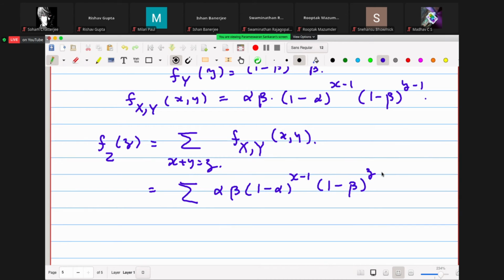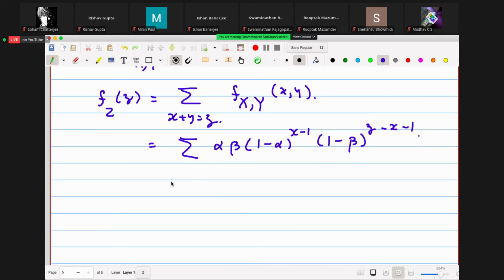So let me write that as z minus x minus 1. Here I can just sum from x equal to 1 to z. Actually you see it's a geometric series, because I can pull out this (1 minus beta) to the power z minus 1, and here alpha beta has been taken out.